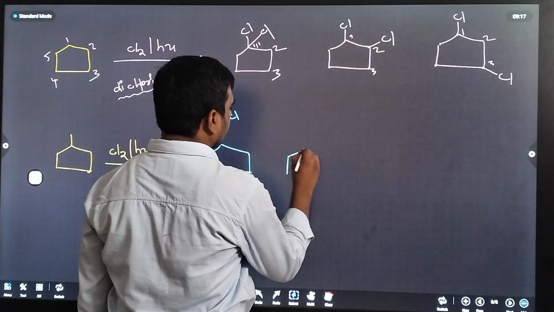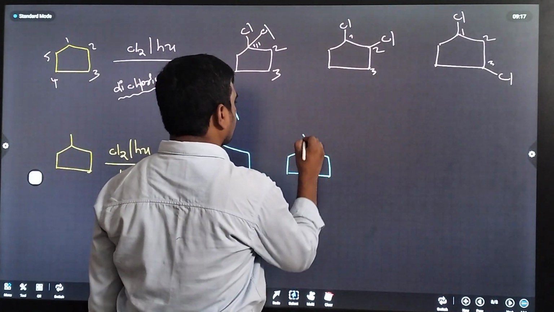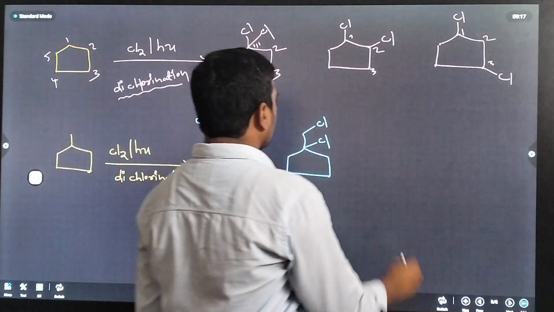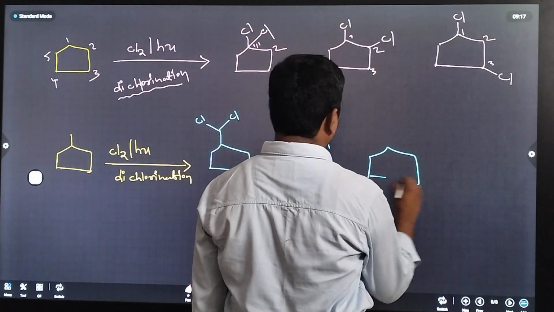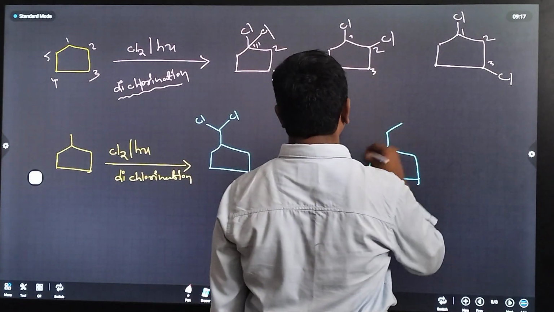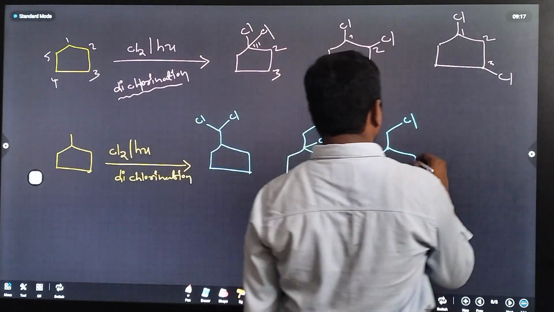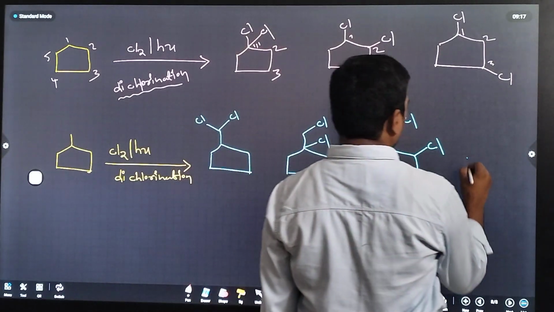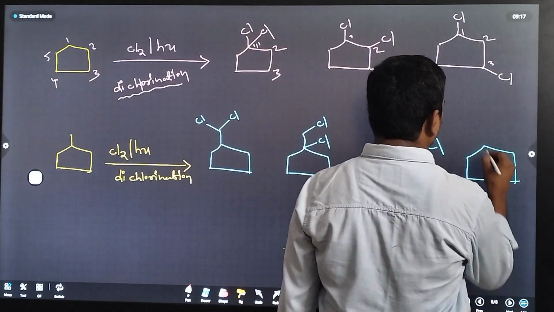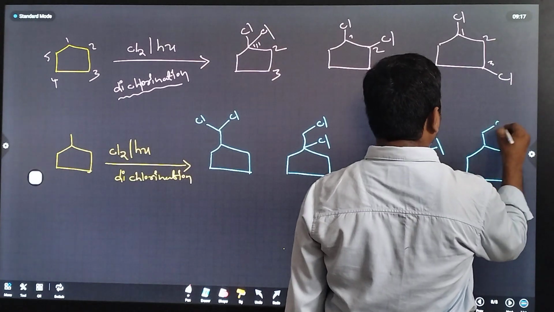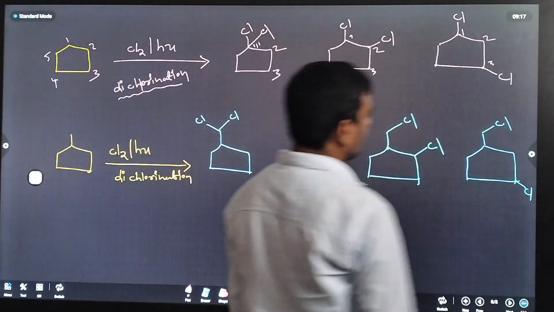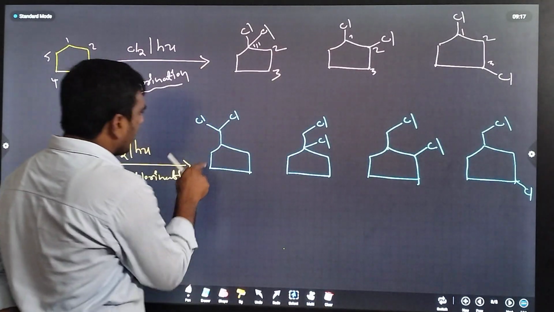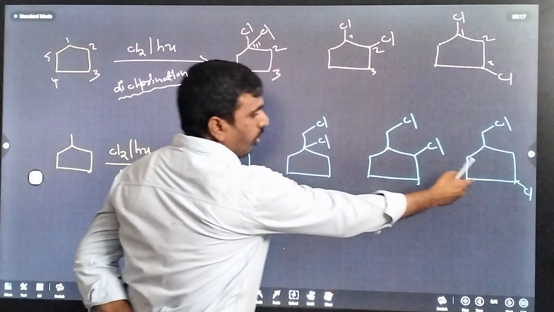So I can write, this is another possibility. Next Cl, this is another possibility. Next Cl, this is another possibility. Here if hydrogen is replaced by this hydrogen, we get a third product, same.